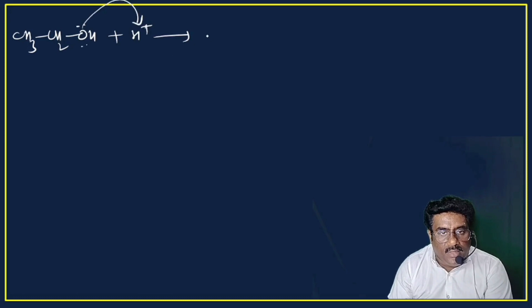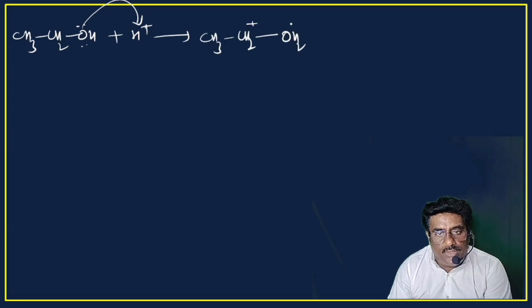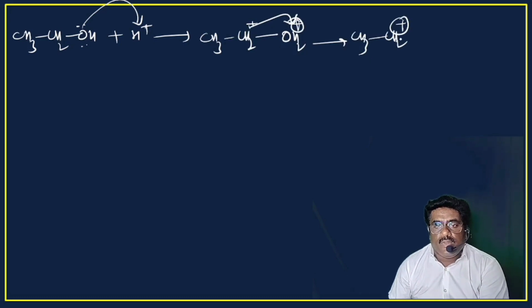I'm writing one example. Let's try to understand. Example: CH3CH2OH in presence of H plus. Protonated, it forms CH3CH2OH2 plus. It forms CH3CH2 plus.